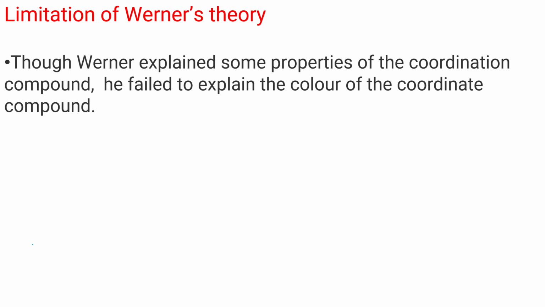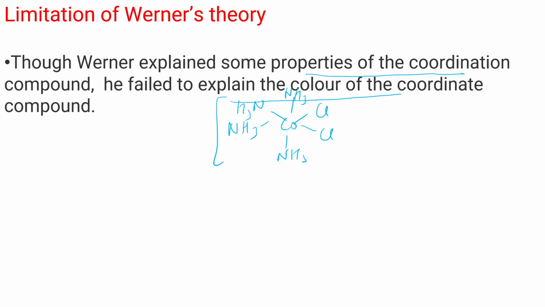So the limitation of the Werner theory: though Werner explained some properties of the coordination compound, he failed to explain the color of the coordination compound. As you saw, in the case of the cobalt complex containing two chloride ions present outside, this ammonia and this ammonia, there could be two formulations, cis one and trans one. One of them was green color and the other was violet color.